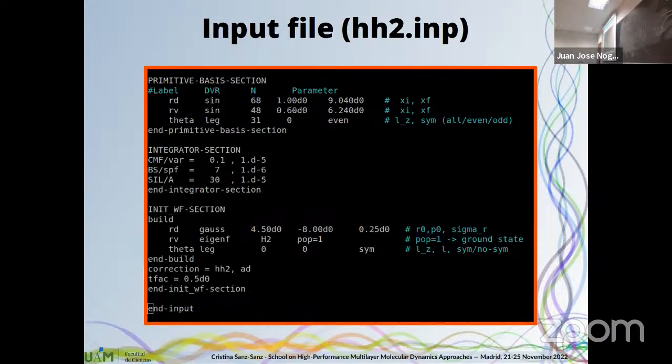So instead of the other one, just use this one. sbatch -A, and at the very end, you put hh2.inp. Okay? And then run it. Be patient. It might take a little time to get into the queue system, and it might take a little bit of time to run. Okay? So we will wait for everybody to finish.